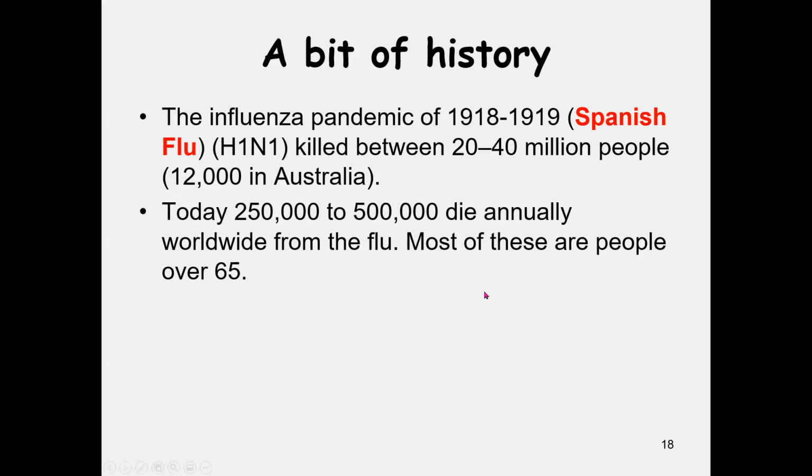Today, we get between a quarter to 500,000 people who die annually of the flu, and most of them are elderly. Now, not everyone gets immunized, and this morning there was a doctor on ABC who was saying we had very little flu in 2020, a lot less in 21, and they expect that this year might be a bit of a bonza year for flu, because people are forgetting to go and get immunized.